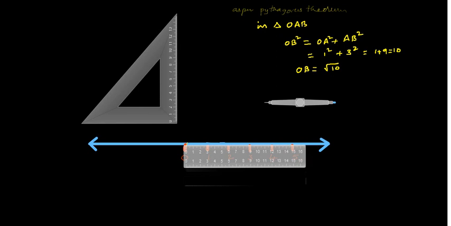After that, what is one side OA? That is 1 unit. Hence, you draw the base of the triangle like this.